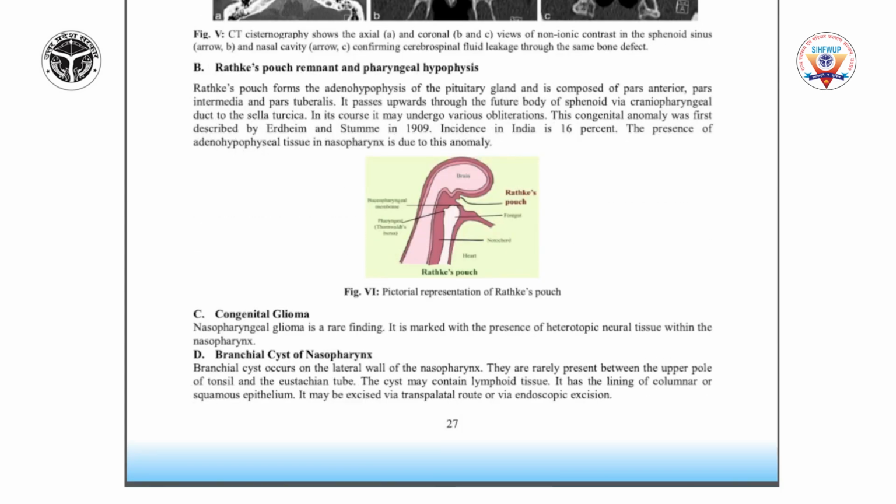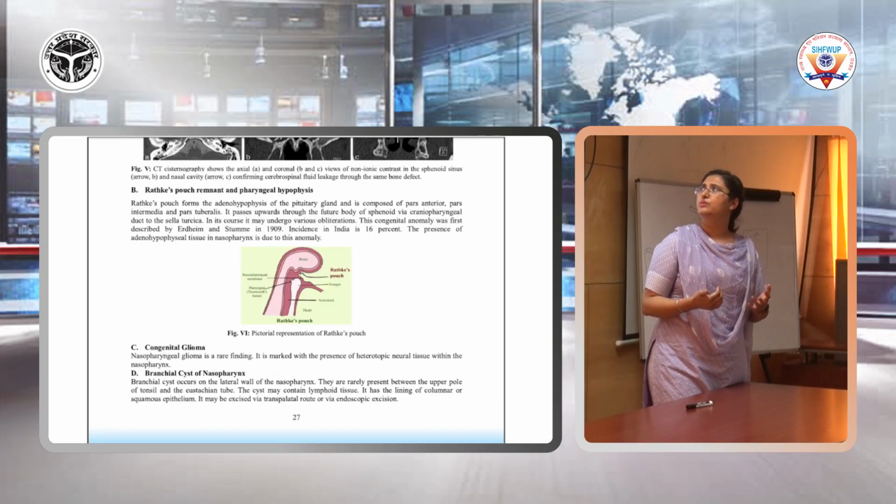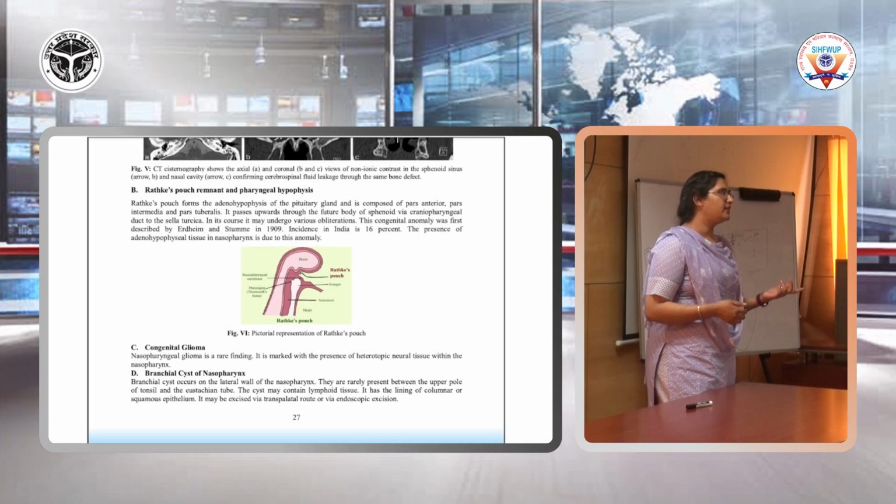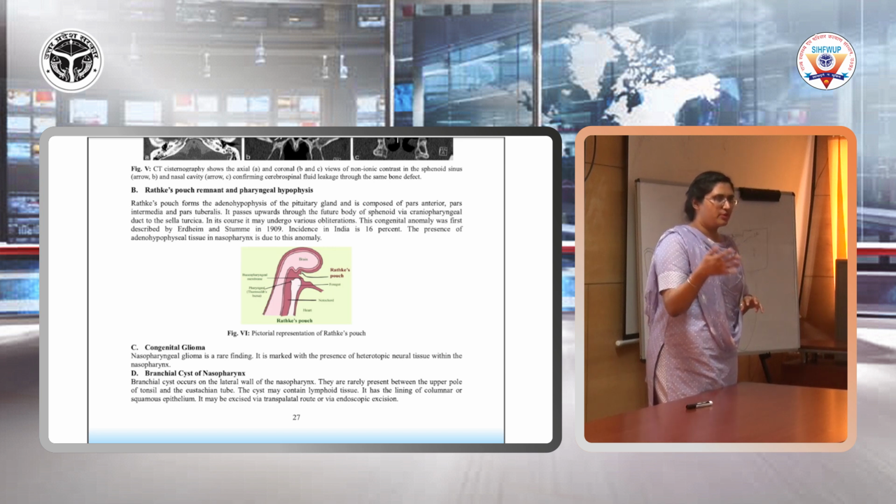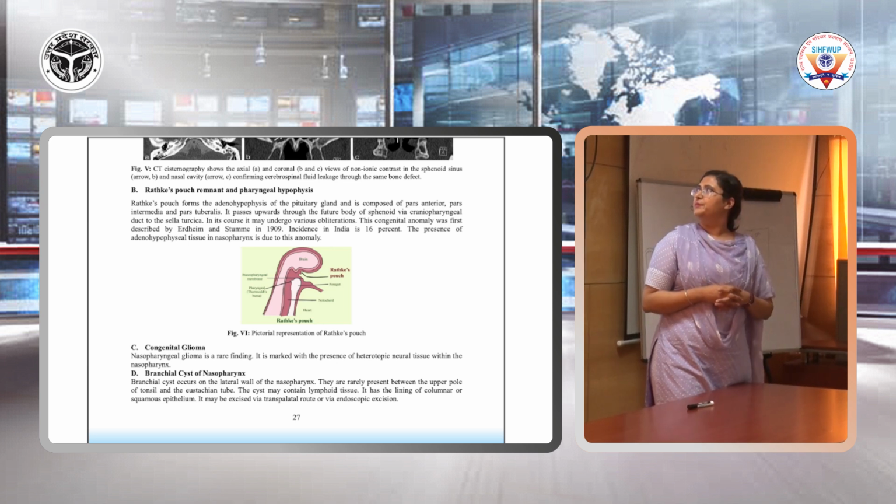Now, the Rathke's pouch, ma'am had explained. These are things we will not encounter very frequently in our day-to-day practice. But just for the namesake, I've seen only one case of Rathke's pouch till date. At that time I was doing my fellowship in head and neck surgery, and we referred the patient to neurosurgeons, who operated.